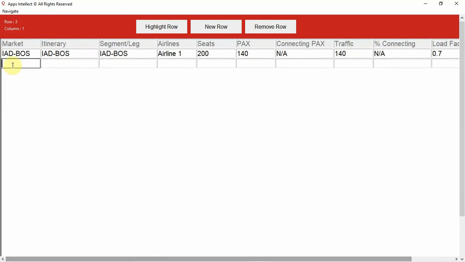Now we click on the new row, and we will have the same route, but this will have a connecting flight which will go from Washington to JFK, that is New York, to Boston.